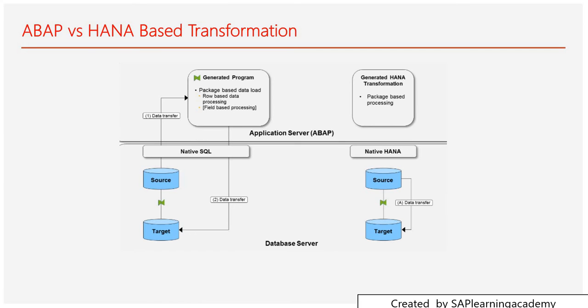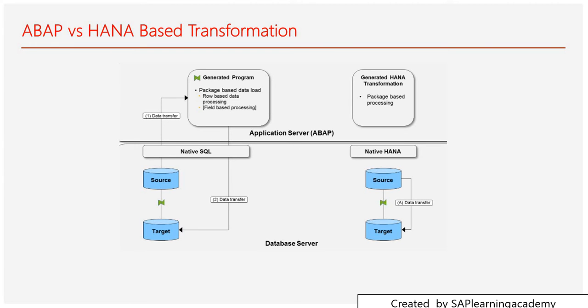First, in this picture, as you can see, I have drawn two ways of data flow. On the left hand side, we have the ABAP based, and on the right hand side we have the HANA based. In the ABAP based, suppose you create a data flow between source and target, and once you run the DTP, what happens in the runtime?